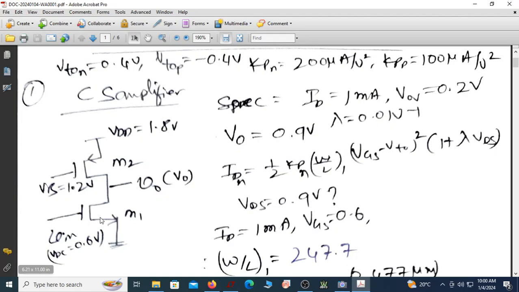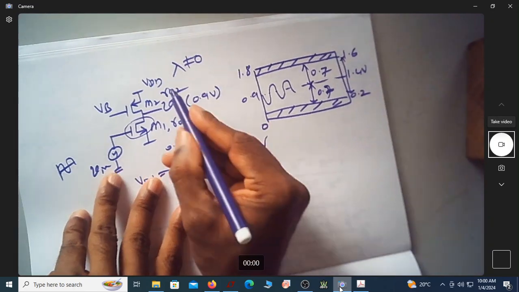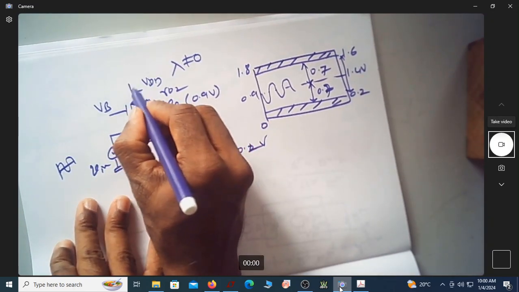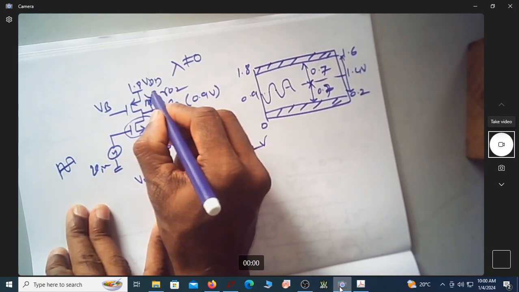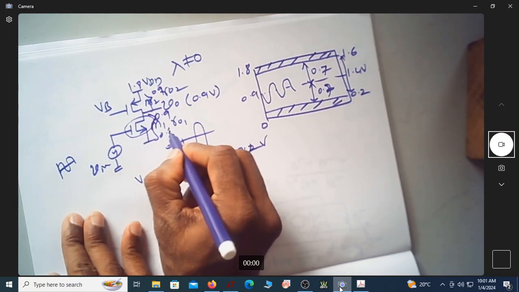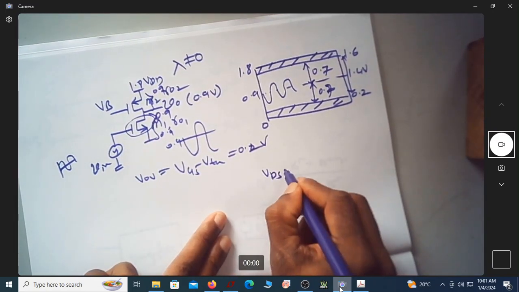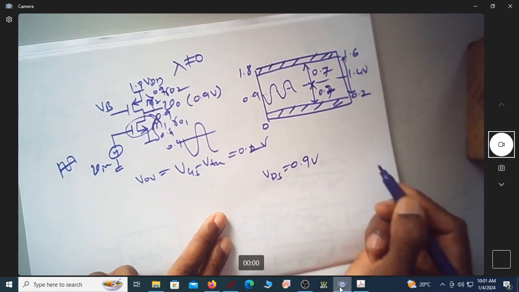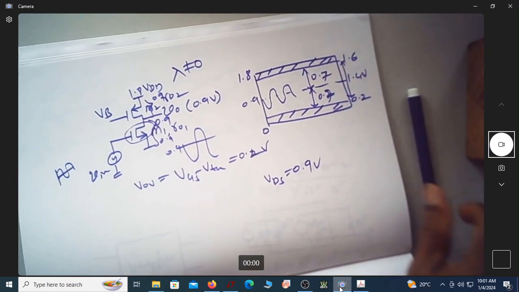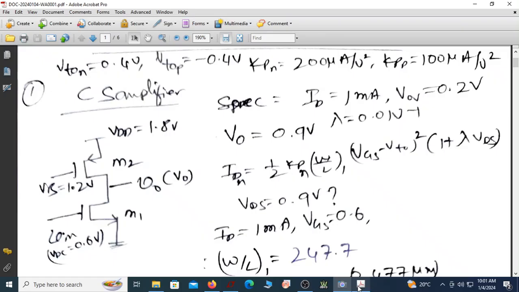And VDS, the drain to source voltage, if you are assuming this to be 0.9, since the supply is 1.8, this voltage is 0.9 and this voltage is also 0.9. So VDS of both transistors is equal to 0.9 volt. In that expression I am substituting VDS as 0.9 volts.